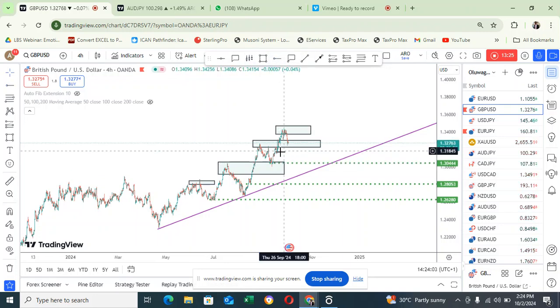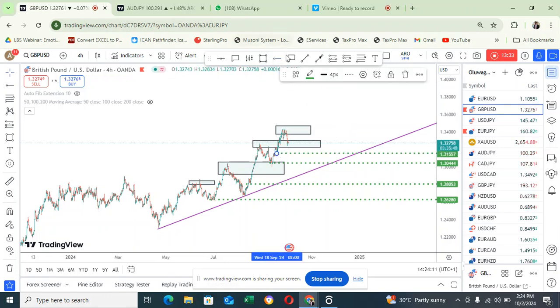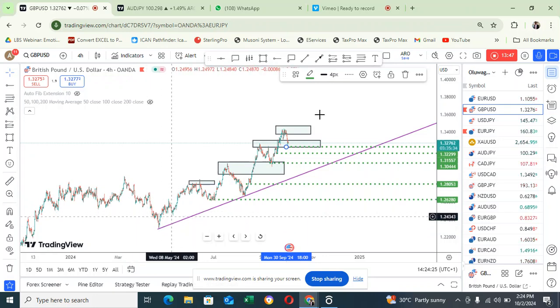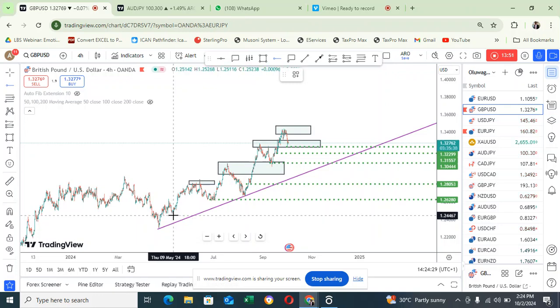Let's pick this. We are just trying to pick the ones that are obvious. Then let's pick this. So that's the series of higher high and higher low. This is our higher low, there is another higher low here, this higher low.